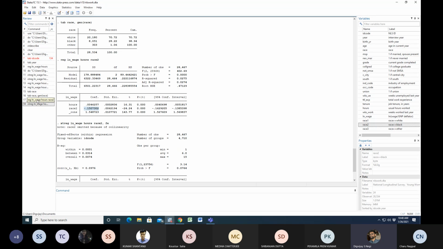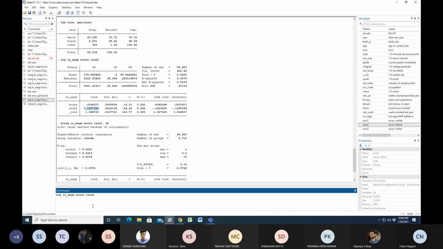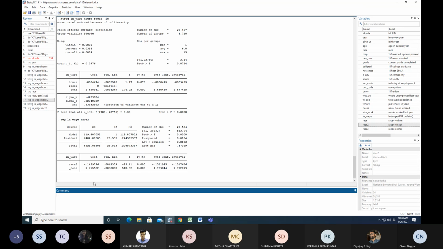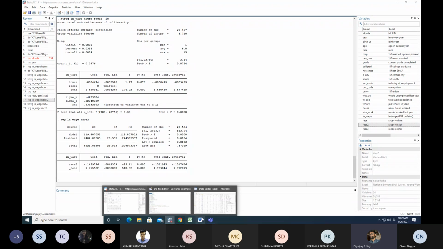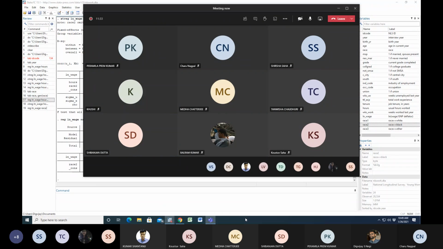Sir, but in the fixed effects model, since there is no coefficient of race, can we say that race is controlled for other factors? For example, people who are black might have less education and thus get lesser wages. Is this a fair way to interpret that? Yes, it is. You are right.